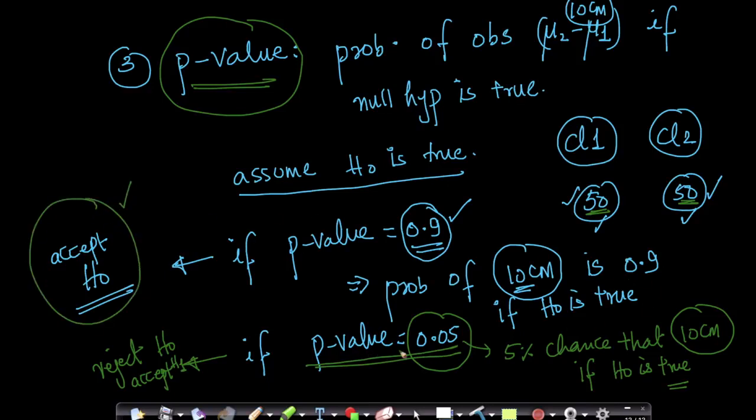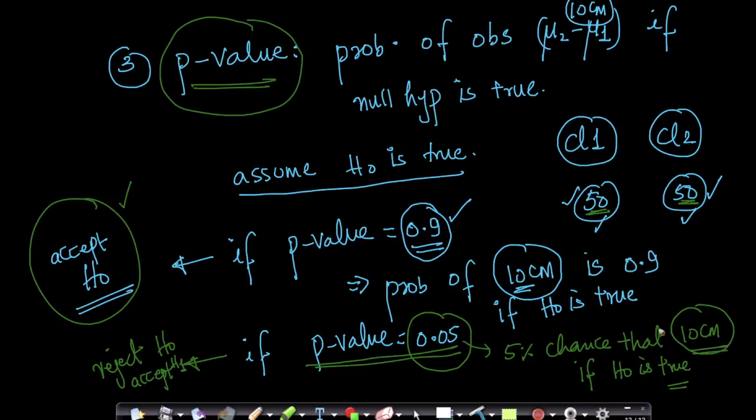But if the p-value is small, which means there's a very small chance, let me read this in English. What this means is, assuming that there is no difference in heights of students in class 1 and class 2, that's my H0, there is only a small 5% chance that the difference in means would be 10 centimeters.